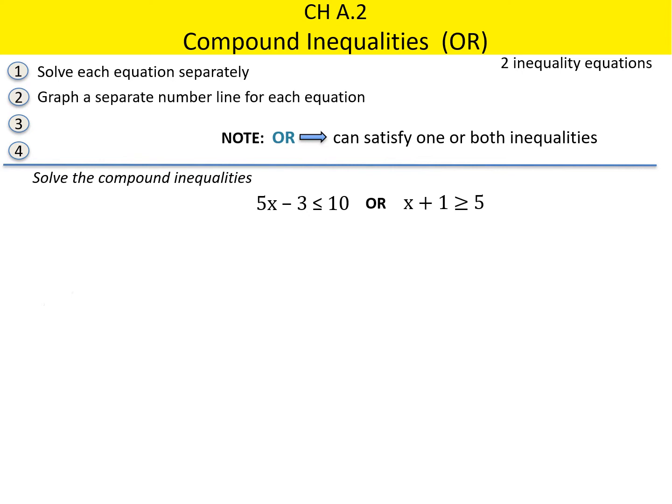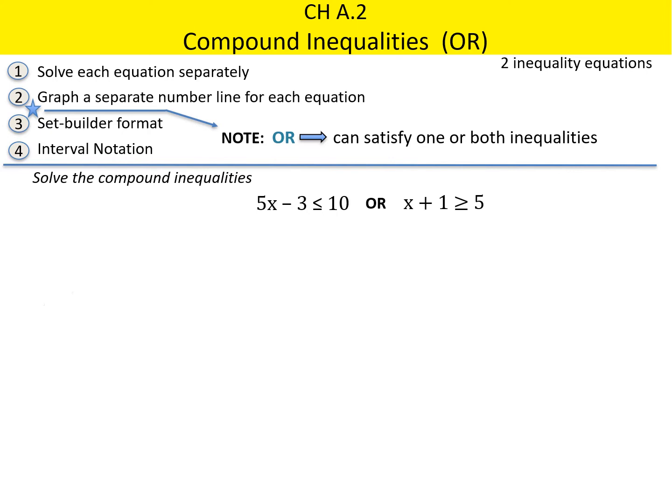When we have our solution comparing the number lines, we're going to put the solution in a set builder format and interval notation. The only difference between this and solving other inequalities is between step 2 and 3, and that we have to make sure the answer can satisfy one or both inequalities, and we do this by comparing the two number lines.